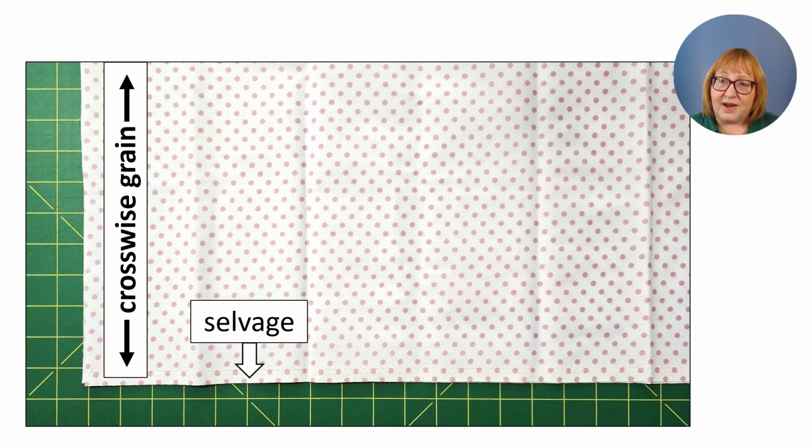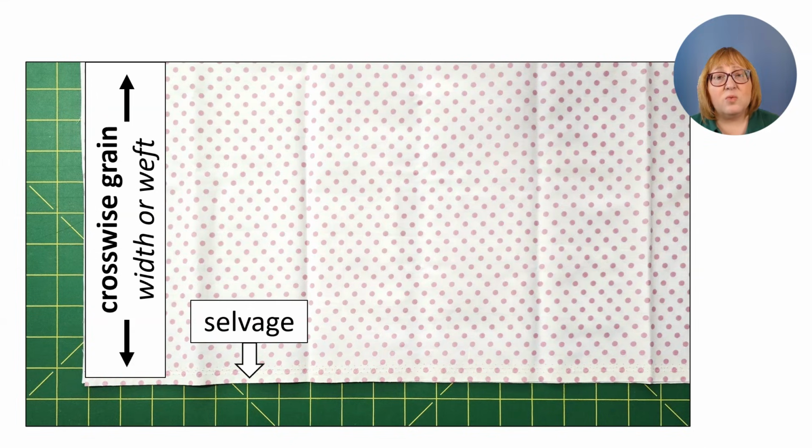Next, the crosswise grain. This is the cut edge when fabric is cut off the bolt at the store. This is the weft. It runs across the width of the fabric, which for quilting weight cotton can vary from approximately 40 inches all the way to 45 inches. If you tug on a strip cut selvage to selvage on the crosswise grain, you'll notice that there is a little bit of stretch.